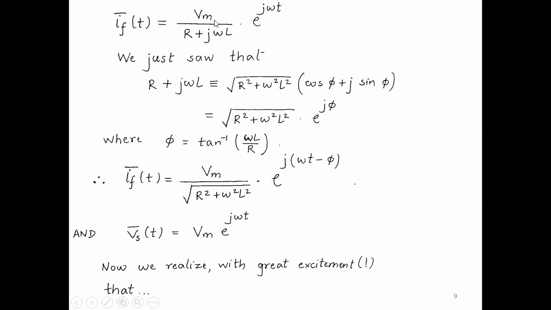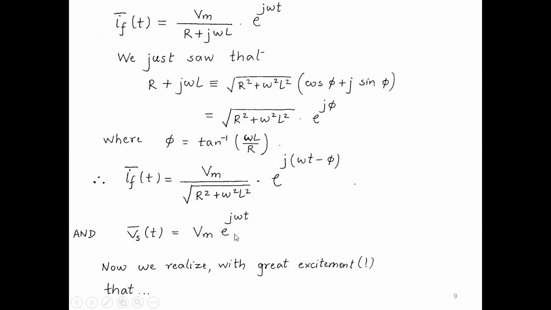So we substitute this for R plus j omega L, and therefore we write if of t as Vm by the square root of R squared plus omega squared L squared, times e raised to j omega t minus phi. I hope you can see this. So Vm e raised to j omega t is divided by this, and the e raised to j phi goes up and becomes e raised to minus j phi.